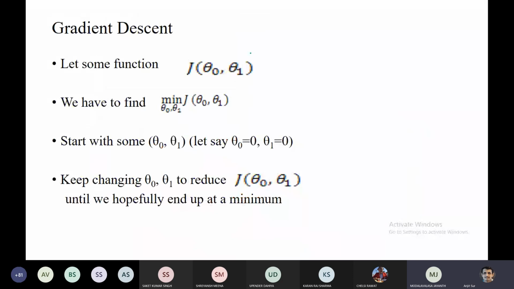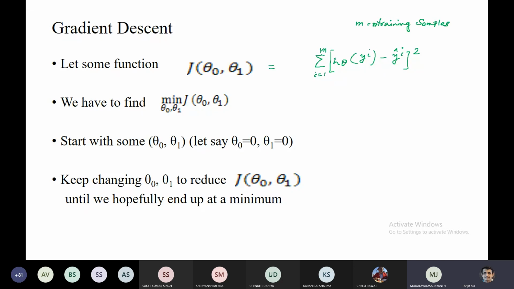So this J(θ0, θ1) is basically the function of h_θ(x_i) minus the actual y_i. You can say y_i hat, and we take the square of this and sum it up with i equal to 1 to m, where m is the number of training samples.